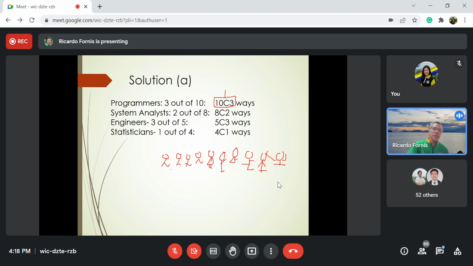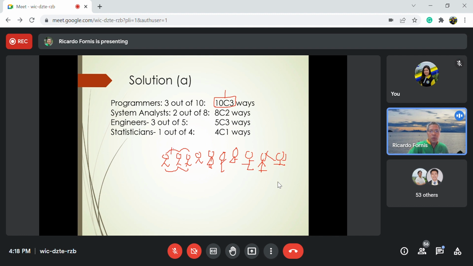We choose 3. Now, when you choose 3, that's one group. If you would say, I will choose 3, 2, and 1, you are forming the same group. So the order here is not important.